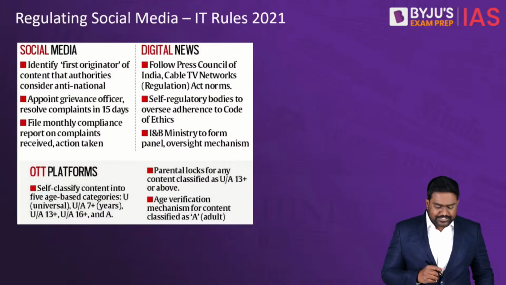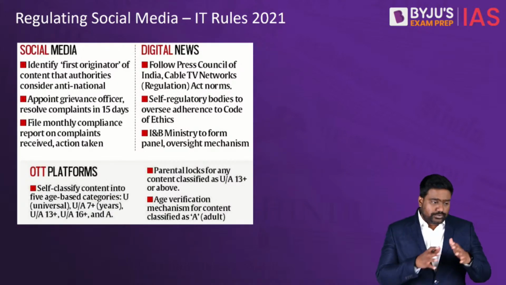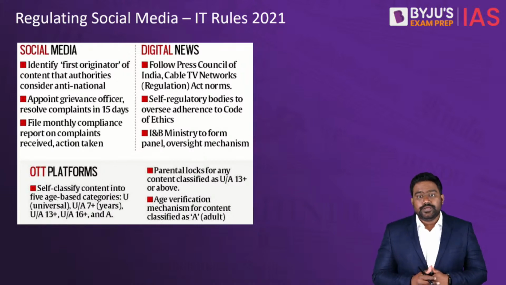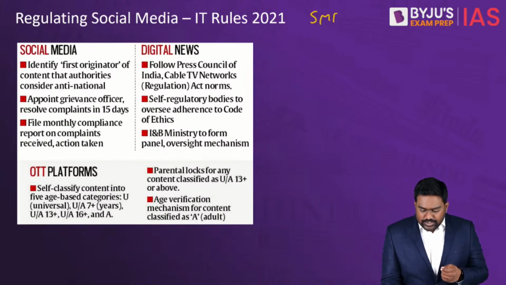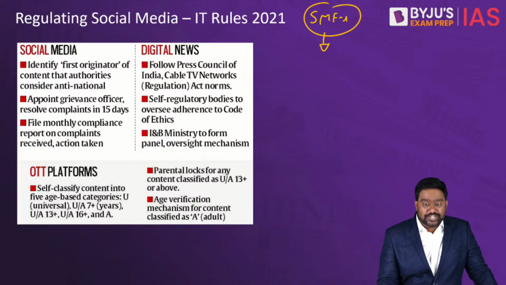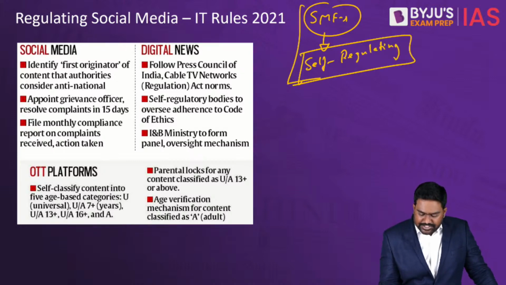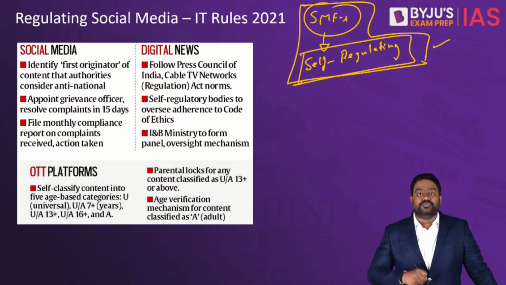So in this context, India has made several attempts to regulate social media and to tackle the menace of fake news. On one hand, social media firms, on their own initiative, have come up with certain self-regulating mechanisms. They have implemented a few self-regulating standards to deal with the menace of fake news.